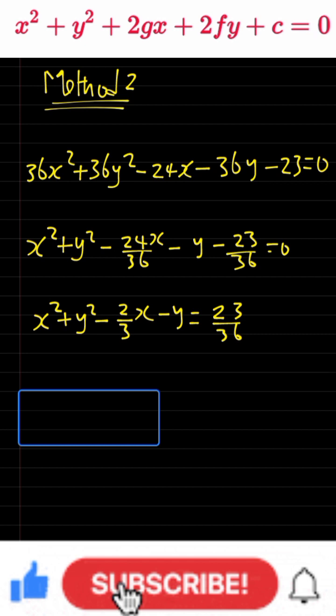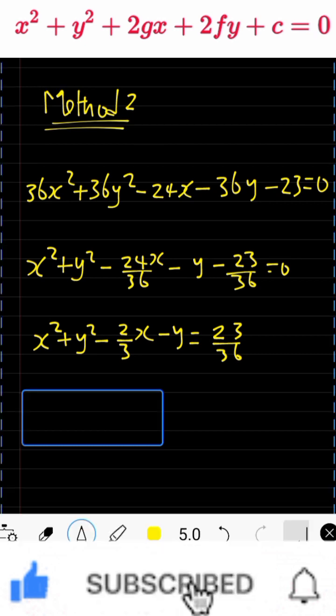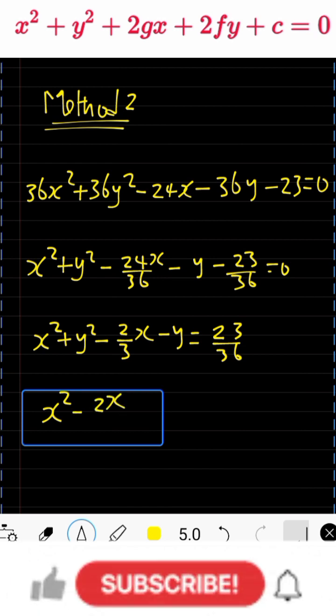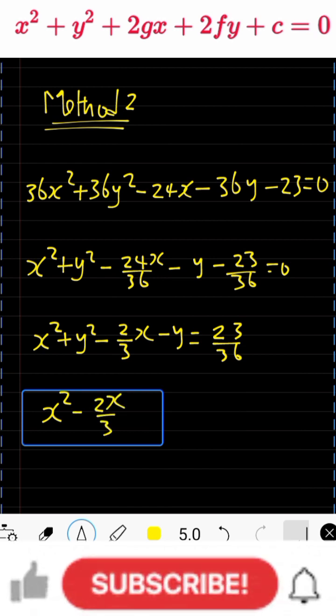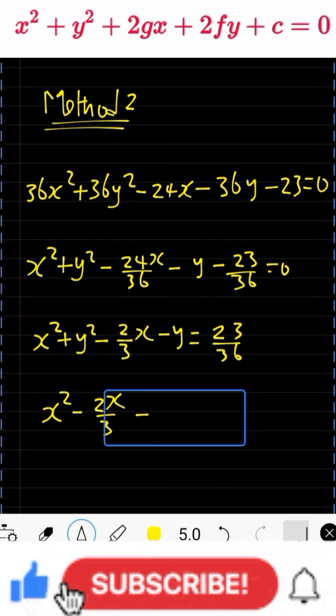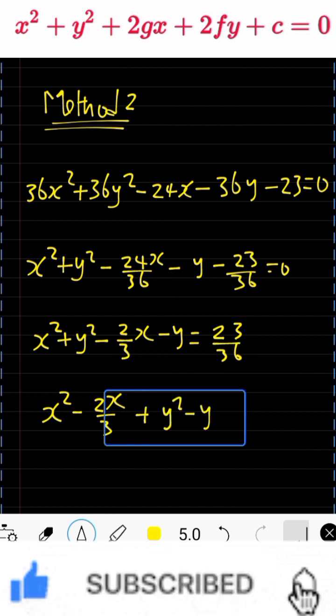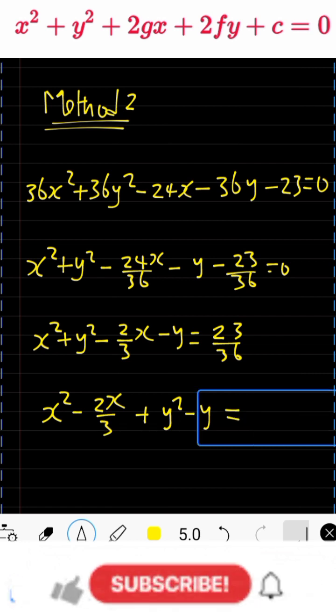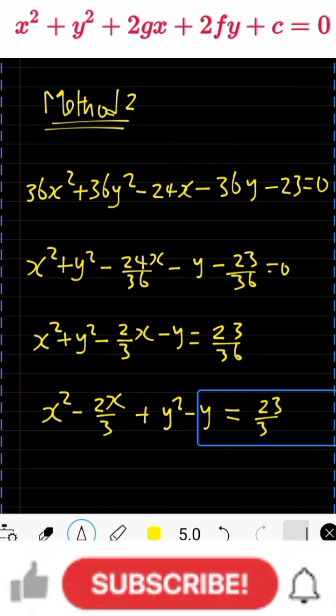Let's split the left-hand side into two parts. So we are going to have x squared minus 2x over 3, then plus y squared minus y is equal to 23 over 36.